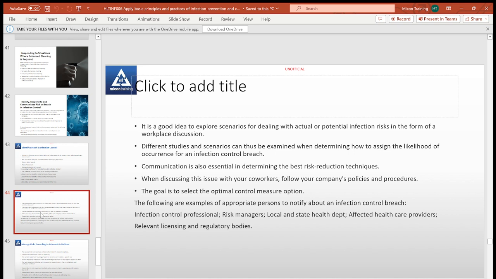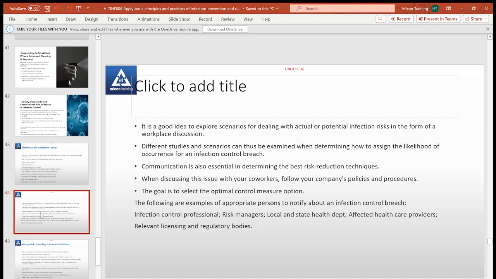So communication is also essential in determining the best risk reduction techniques. When discussing these issues with your coworker, follow the company policies and procedures. The goal is to select the optimal control measures that can, of course, give us the best solution.